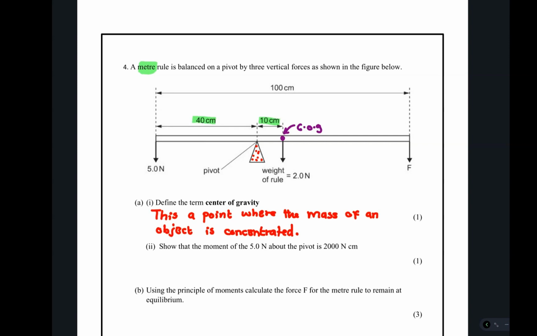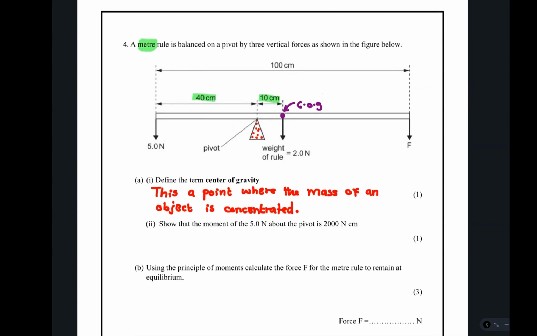Show that the moment of the 50 Newton, that dot is misplaced. It should be 50 newtons. Let me change that. Moment equals force times perpendicular distance. That is the formula we shall use to work out the moment.